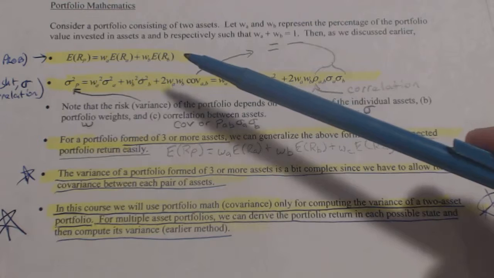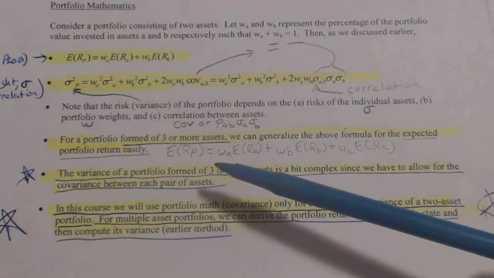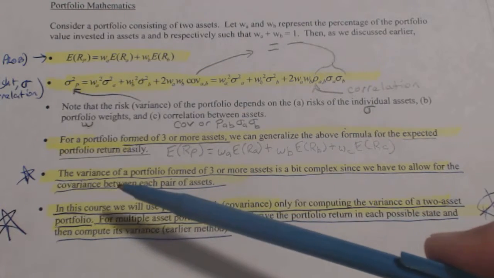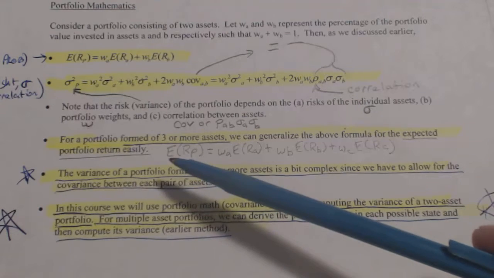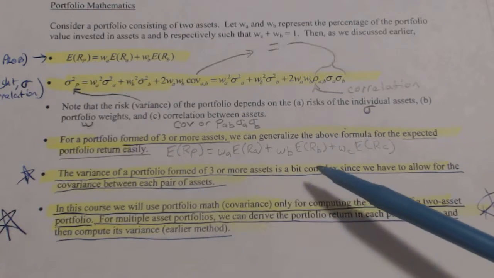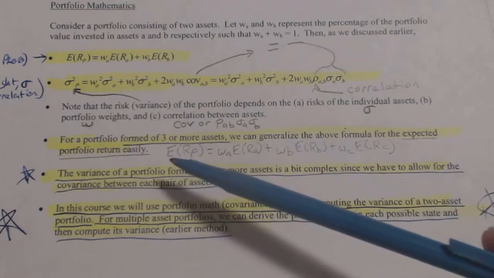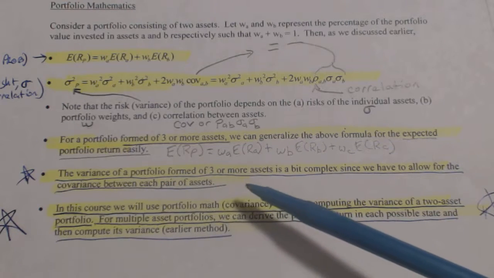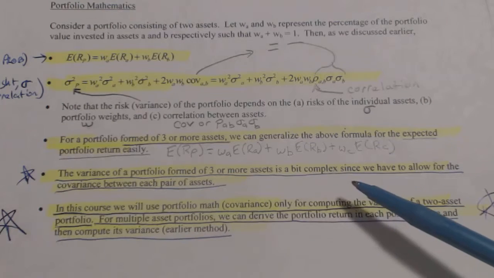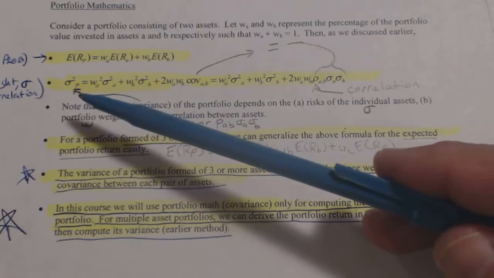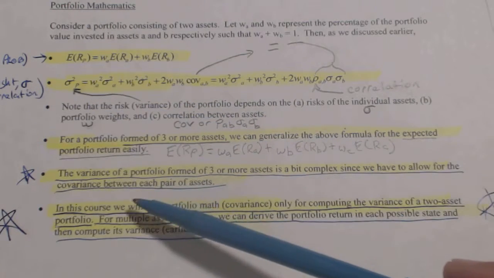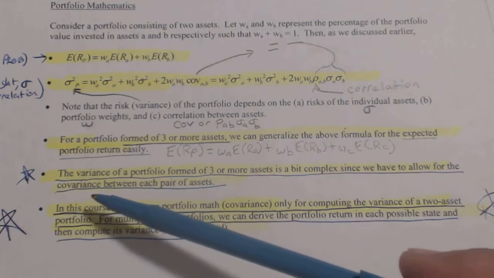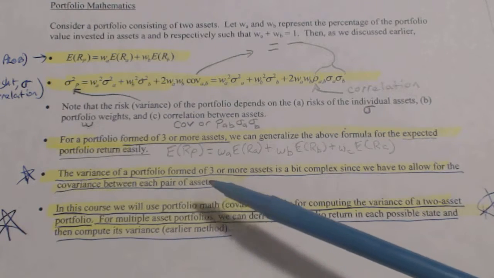Okay, and that's this formula right here, because that's a weighted average. So they're just telling you for 3 or more assets, you can still use this, the weighted average, to figure out the expected return. It says, but the variance of a portfolio formed of 3 or more assets is a bit complex, since we have to allow for the covariance between pairs of assets.